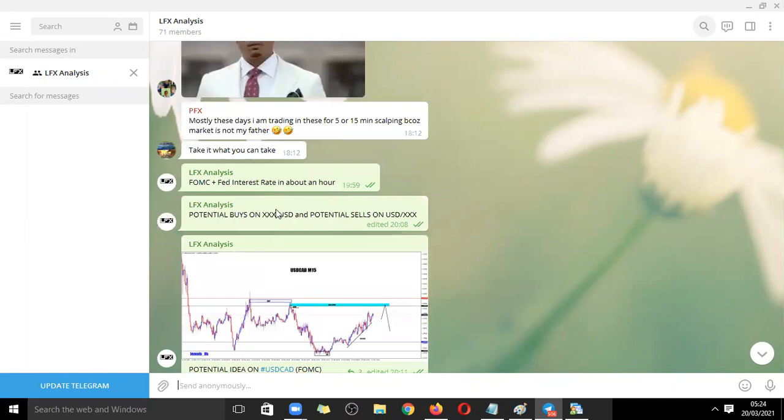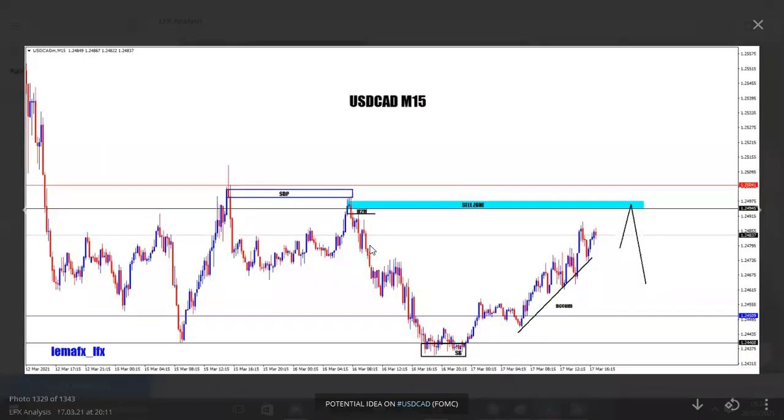So we anticipated that XX US dollar pairs would buy and US dollar XX pairs would sell based on the concept of compression stroke accumulation. So now here, before the event, we identified a perfect compression stroke accumulation.